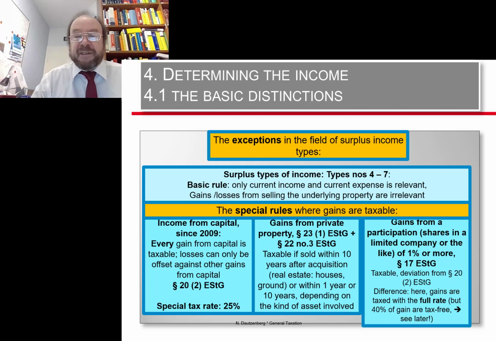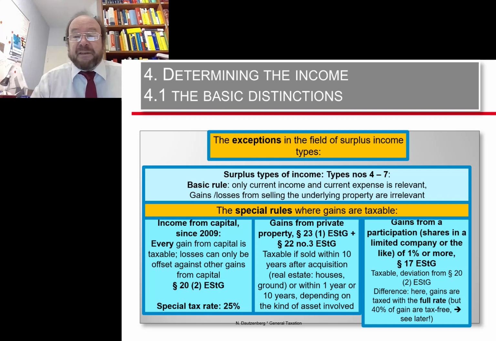And the third exception is gains from a major participation in a capital company. Major participation in that sense, the threshold has always been lowered down. Originally, 30 years ago, it was 25%, then it was lowered to 10%, and later the threshold was lowered to 1%.